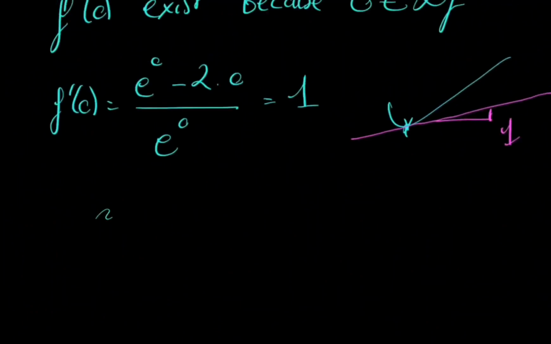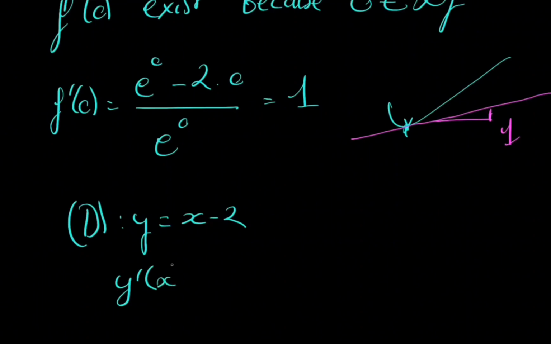Because let's remember D, which has the equation y equal to x minus 2, has also the direction coefficient of 1 for all x.